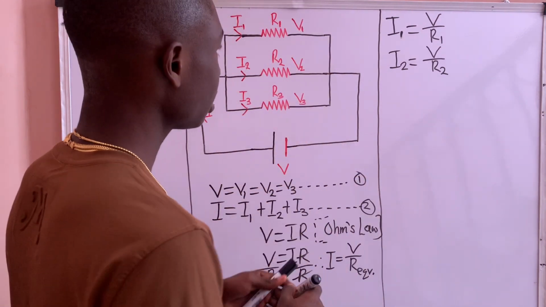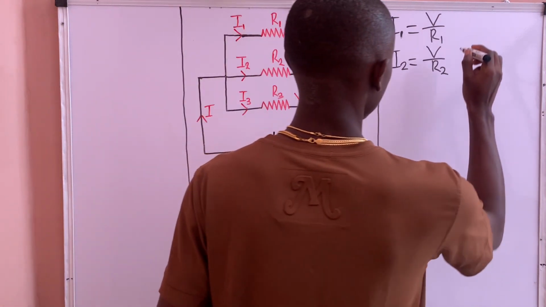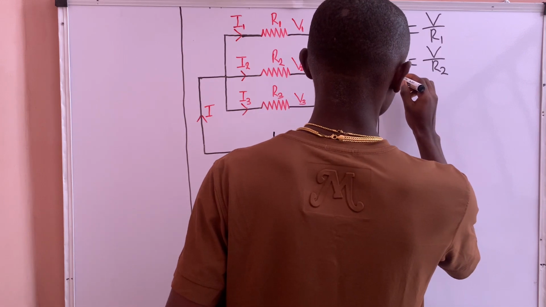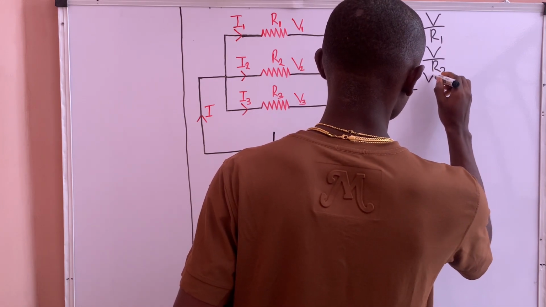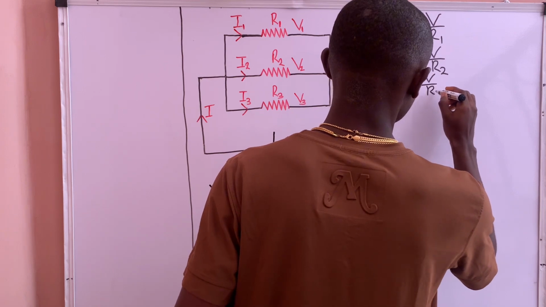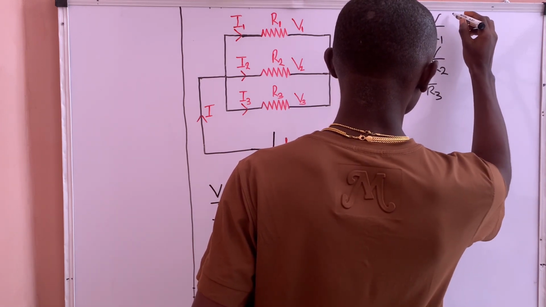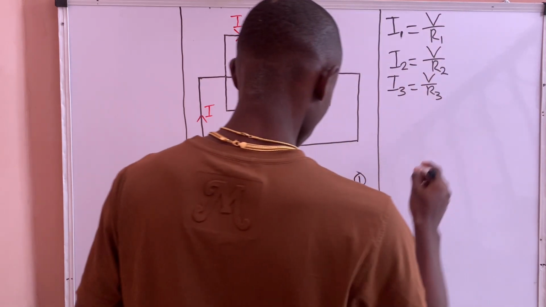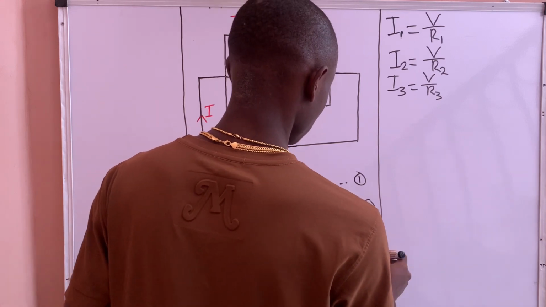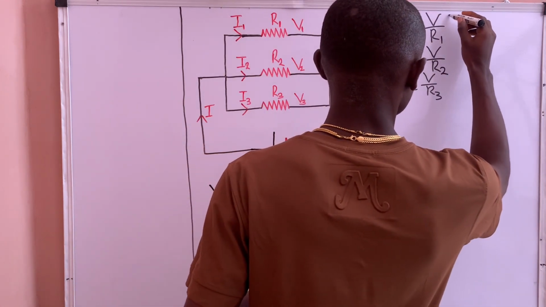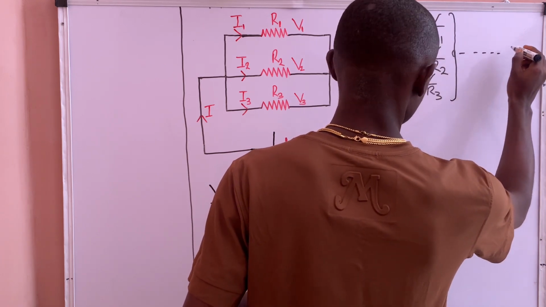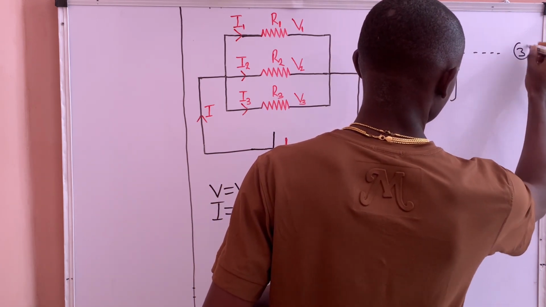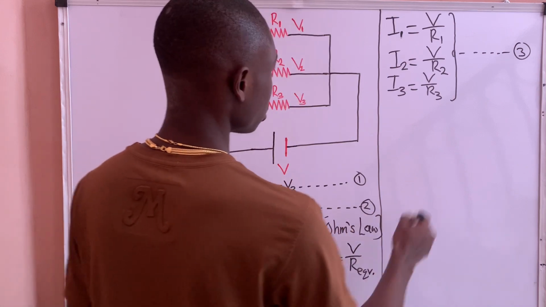And the value of I3 will be V all over R3. We call this entire set of equations equation 3.